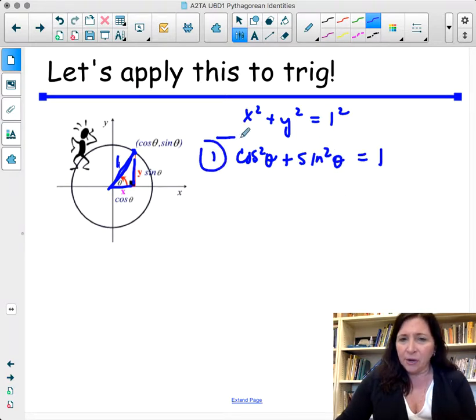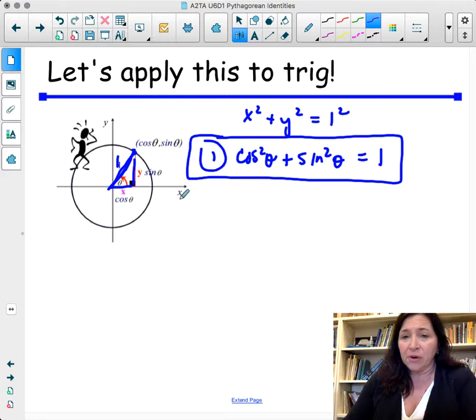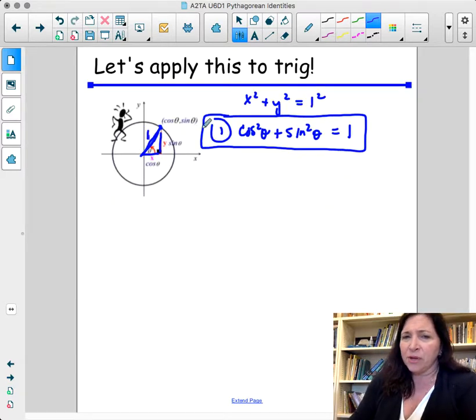This one right here is our first Pythagorean identity that you do need to remember. There are 3 of these that we do want to remember, 3 different identities. They all stem from this first one.